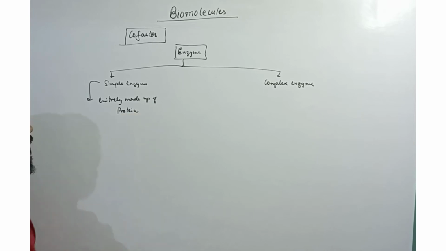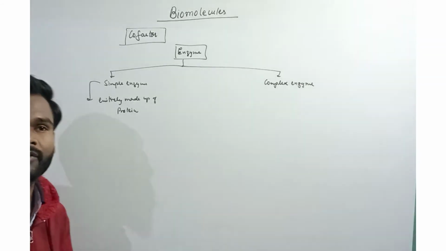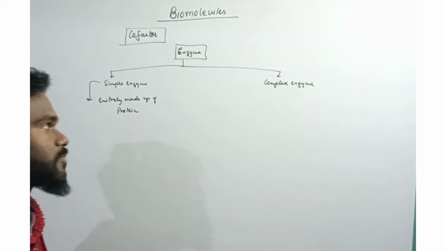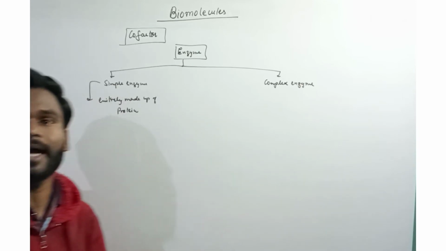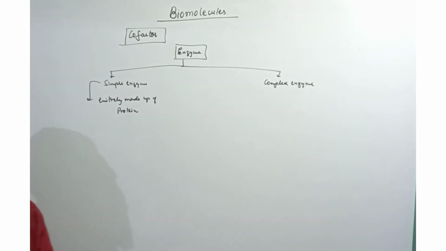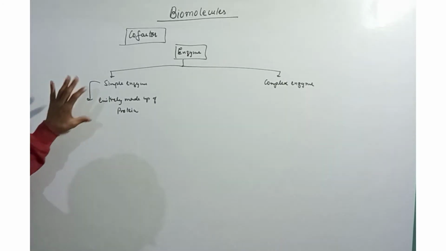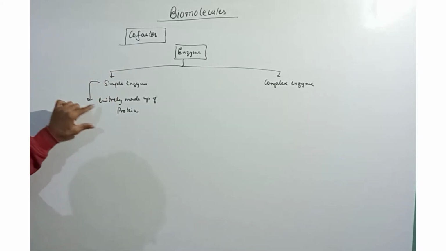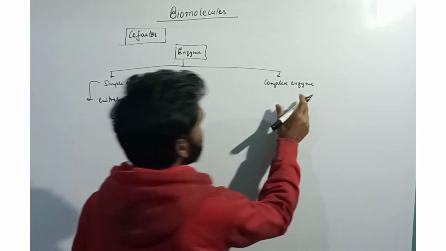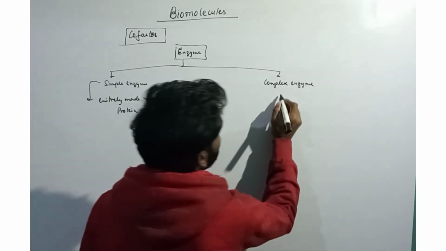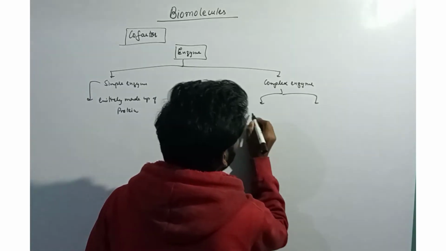As I stated earlier, enzymes contain different kinds of protein configuration: primary structure, secondary, tertiary, and quaternary. So an enzyme that is entirely made of protein comes into the category of simple enzyme. But a complex enzyme is made up of two subunits.